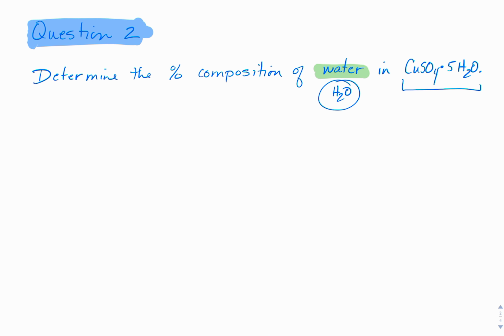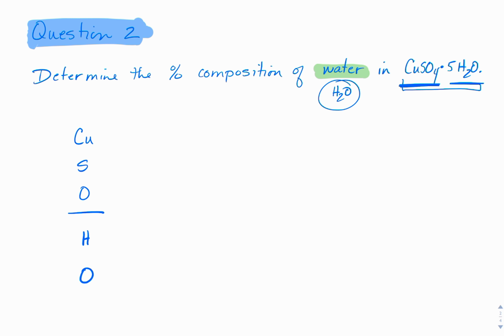So we go through the same process of determining the total formula mass for the entire substance. So that's copper, sulfur, and oxygen in this first part of the substance. And then because we're going to figure out all of the water values, I'm going to separate that out, and we're going to do hydrogen and oxygen again.